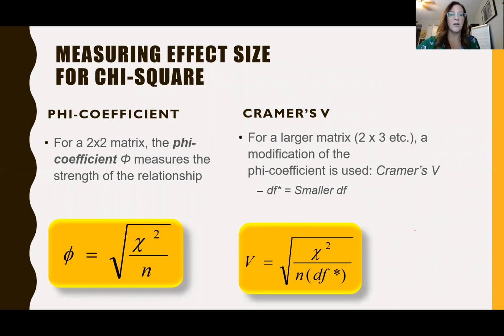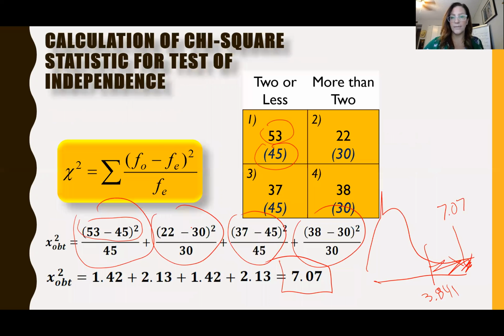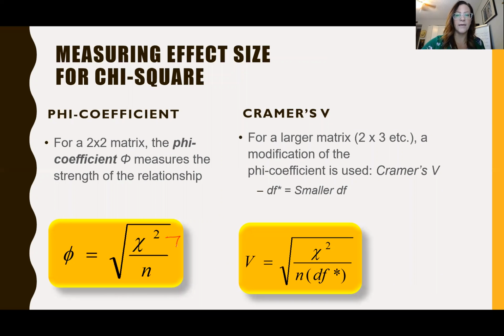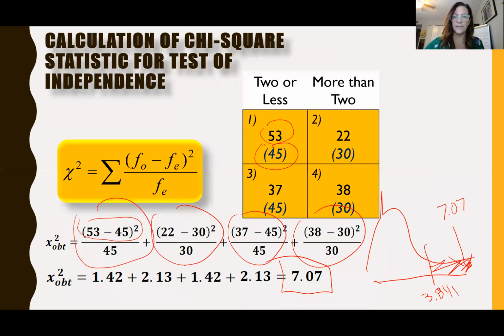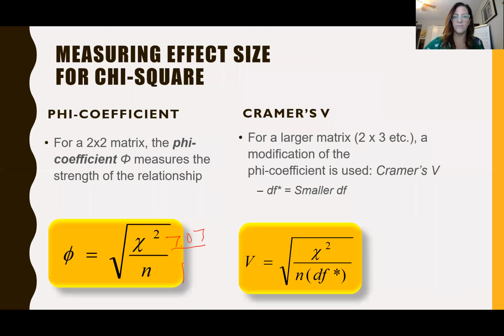And so this is our chi-square, 7.07, divided by 150, right? Yeah, 150. And then we're going to take the square root. Now remember, it's not 7.07 squared, because that is the notation for chi-square.